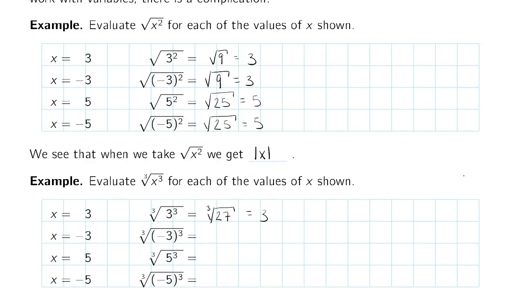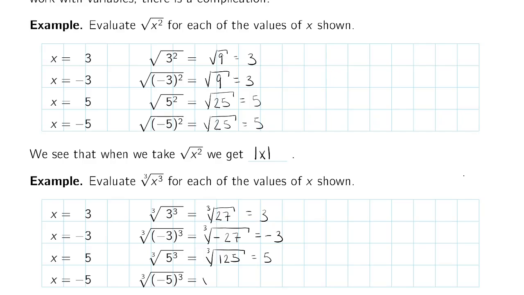If we take negative 3 to the third, though, that works out to negative 27. And we can take the third root of that. That just comes back to negative 3. If we take 5 to the third, that's 125. And then we take the third root of that, we get our 5 back.